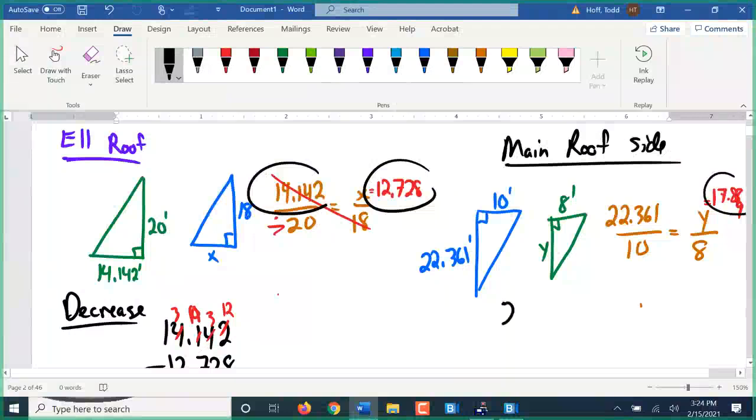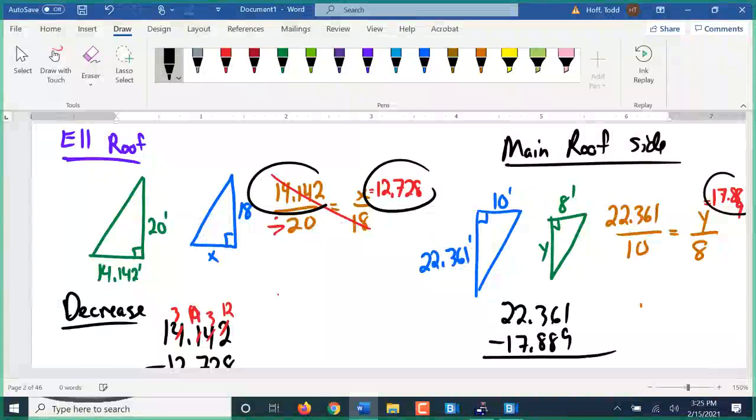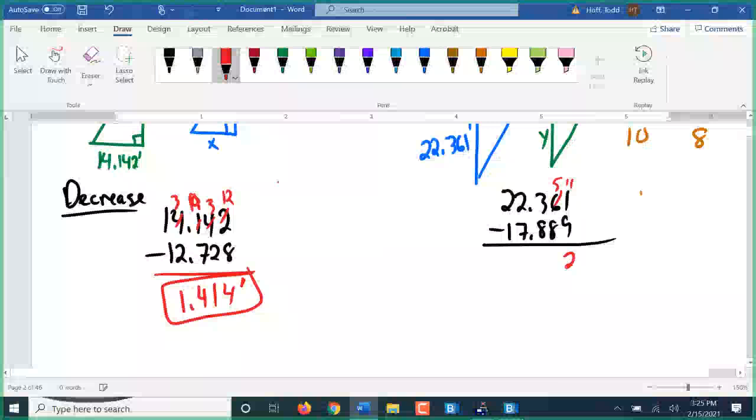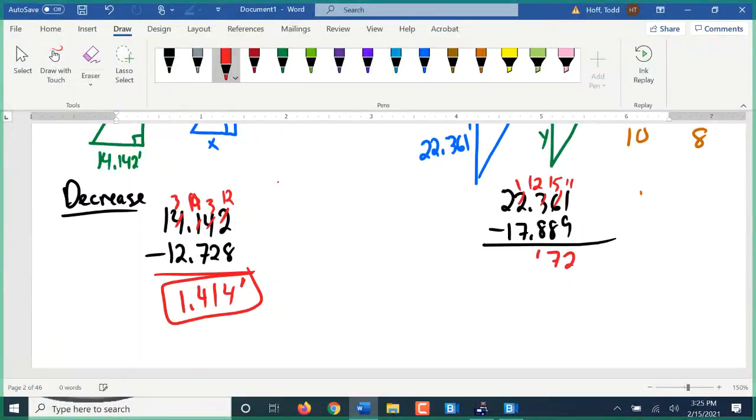So then my decrease is the 22.361 minus 17.889, giving us 4.472 feet as our decrease there.